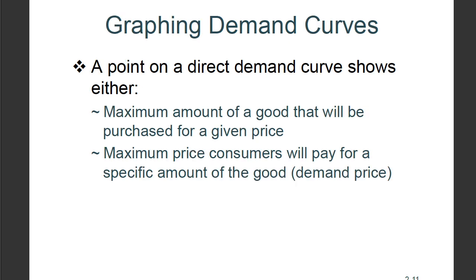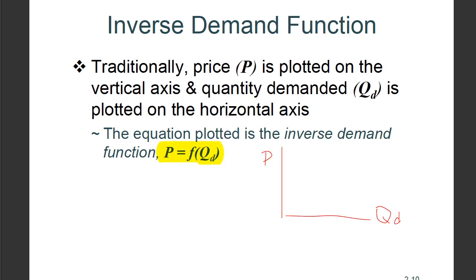So let's see what that looks like. This demand function is always downsloping. It's always a negative relationship. Okay? Even if I flip the axis, it would still be a negative relationship.